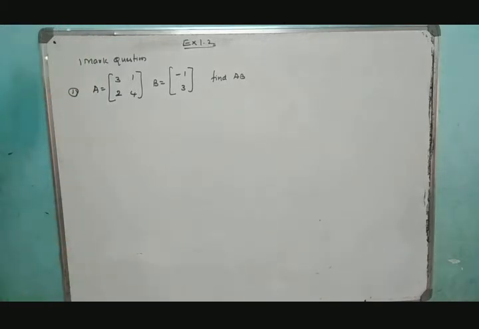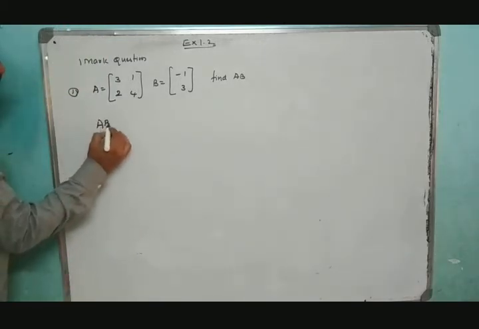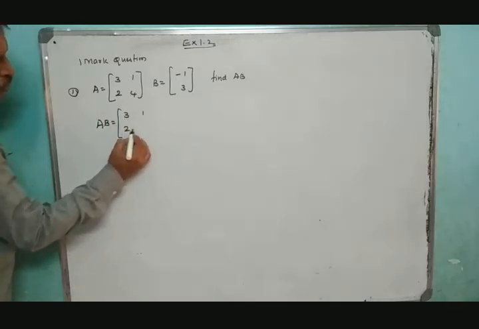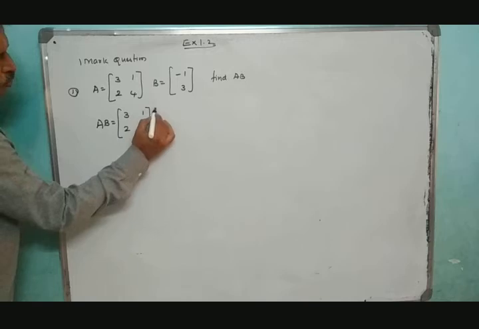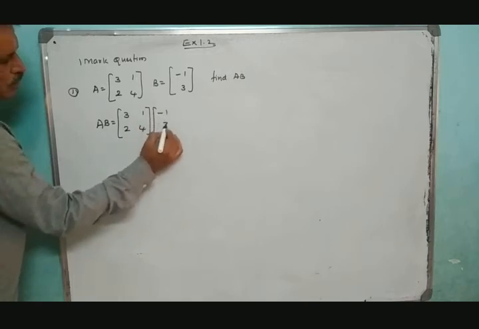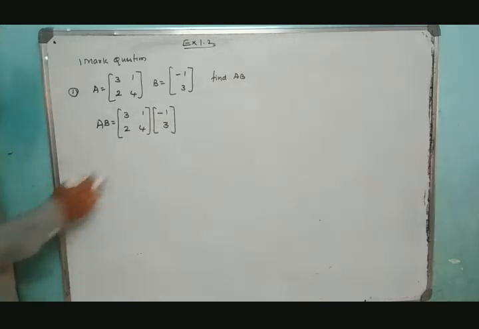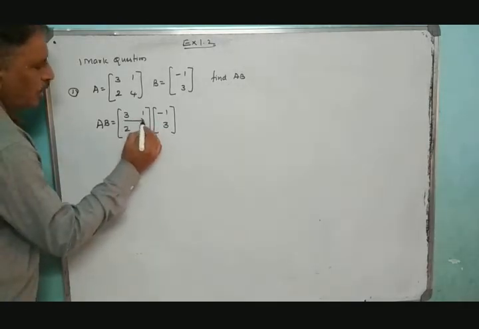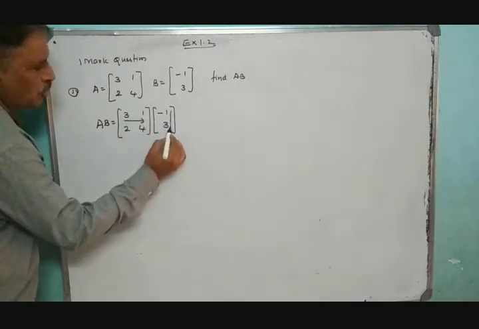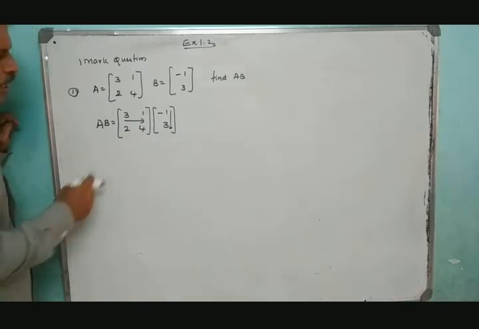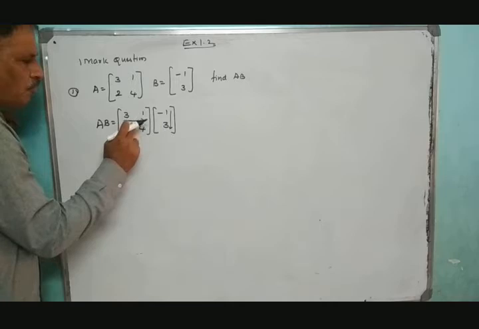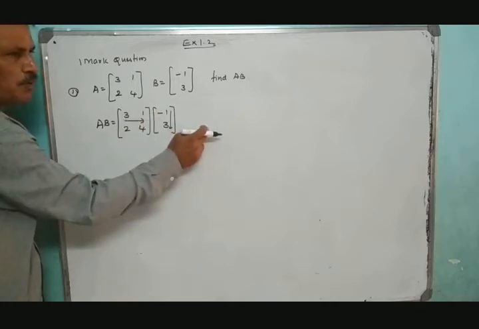Now to find the multiplication AB, first A then B. Take down first matrix A, 3, 1, 2, 4, then matrix B, minus 1, 3, because these two are multiplying. You should multiply the first row with the first column; if there is a second column, multiply with the second column, and if a third column, with the third column.